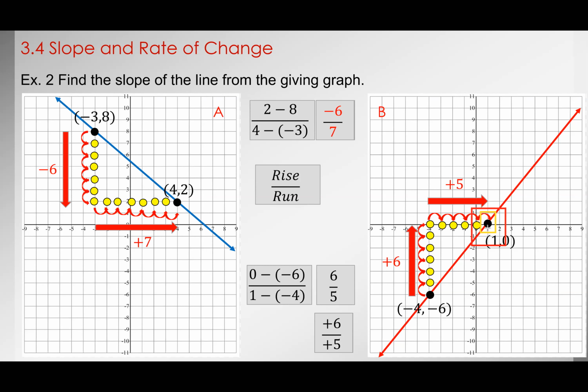Well, if you start at this point, you go down 1, 2, 3, 4, 5, 6, so -6, and because you go to the left 5, you have -6 over -5. Negative over negative is still a positive 6 over 5. So to keep it consistent, whatever I see on the left first, I use as my first point, and then I move from there. Okay, any questions here?